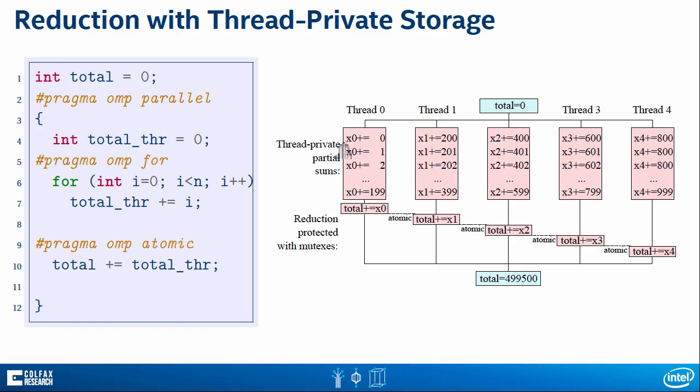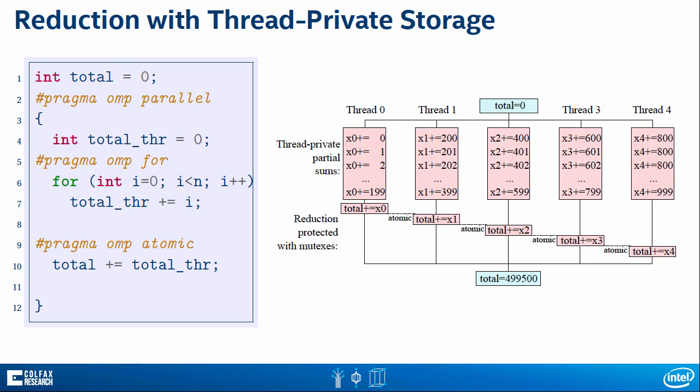This diagram has variable names x0, x1, x2, and so on. Of course, it is not practical for programming with OpenMP to have different variable names. Instead, you will use thread private variables, like in this code listing. As you can see, the variable total is shared, but total_thr declared inside the parallel region is thread private.